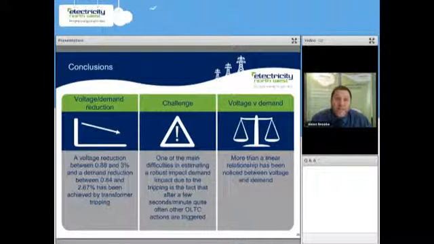What we found is, the initial outcome at the submission stage was we were expecting a 1% voltage reduction or increase would give us a 1% demand reduction or decrease. So I found that it actually varies really. Sometimes it could be less. A lot of times it's actually more.